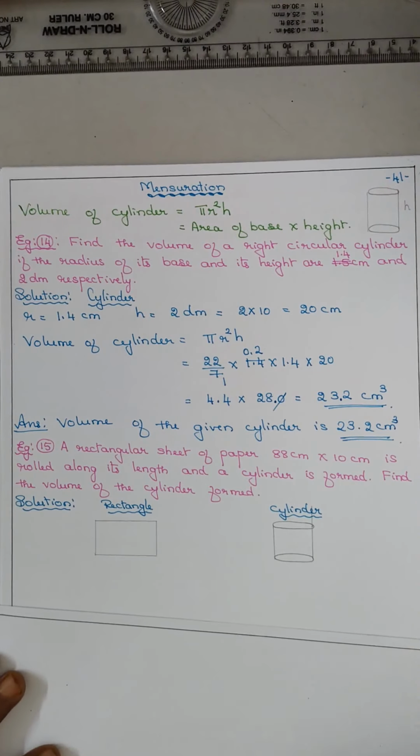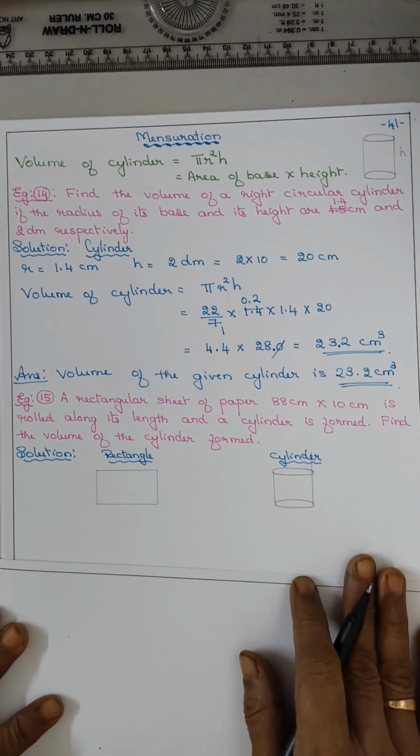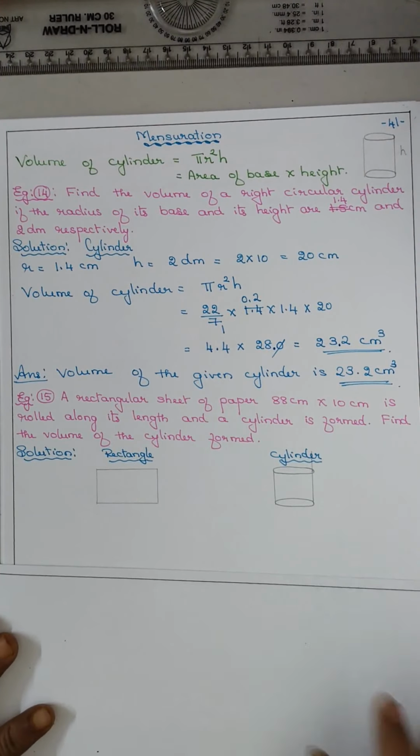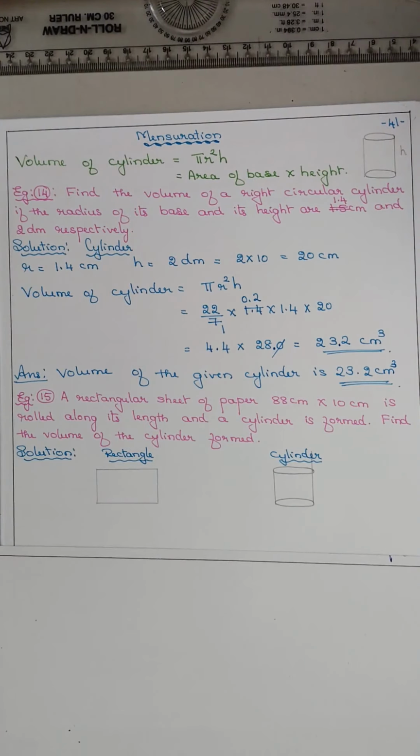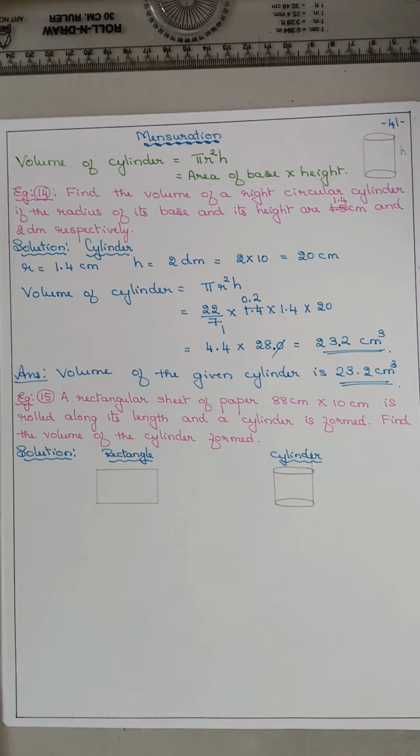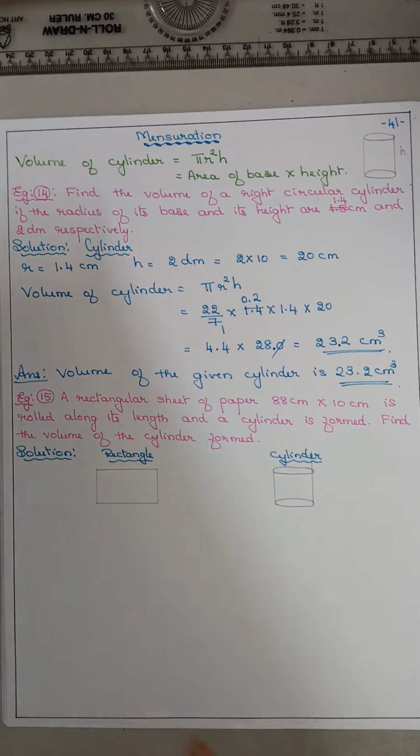Now coming to the 15th example. A rectangular sheet of paper 88 centimeter by 10 centimeter is rolled along its length and the cylinder is formed. Find the volume of the cylinder formed. Remember in the TSA also we have done the same.